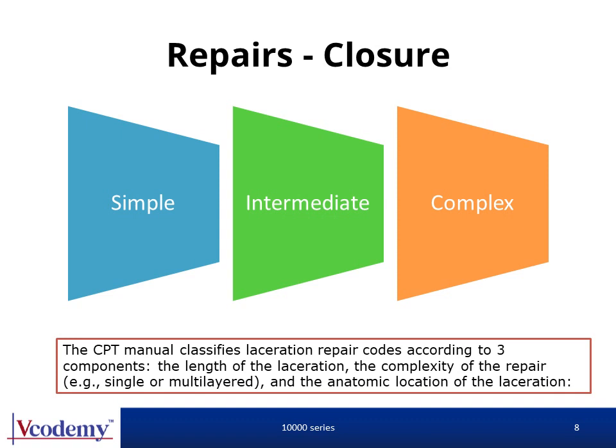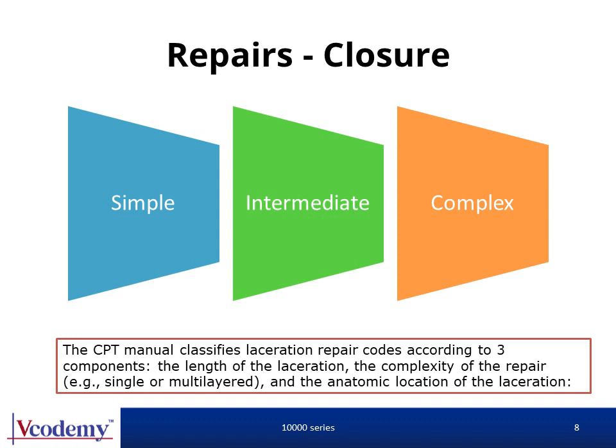Single layer closure of heavily contaminated wounds that require extensive cleaning or removal of particulate matter also constitutes intermediate repair. So that is the difference between simple and intermediate, where you have layered closure in intermediate. For intermediate layered wound repairs that require extensive debridement, the debridement code would be identified in addition to the repair.